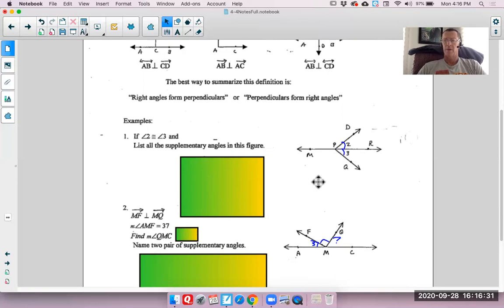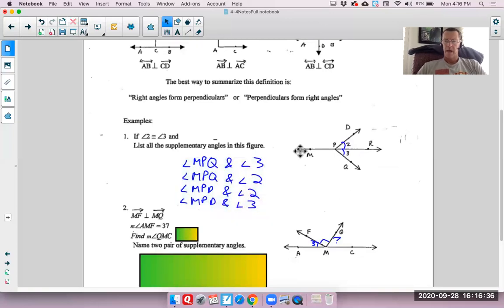See if you can get them all. All right, I'm going to uncover them. So we have angle MPQ with angle 3, right? Those form a linear pair. We have MPQ with angle 2 because if 2 is congruent to 3 and 3 was supplementary with angle MPQ, then 2 would be.